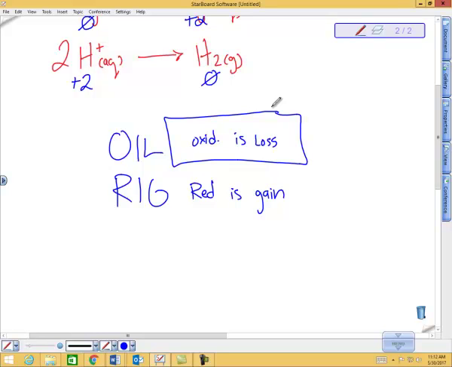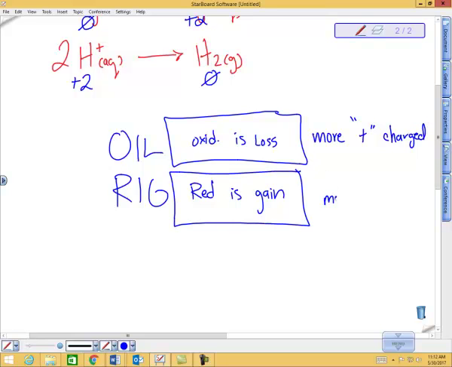You're losing negatively charged stuff. What does that make you? Makes you more positive, right? So this becomes more positively charged. Okay, I'm just putting that as a mental note. But if you gain electrons, you're going to become more what? Yeah, more negatively charged. And this helps me to figure out which one's which.